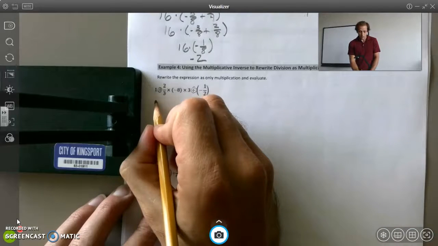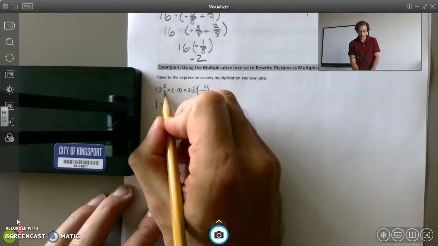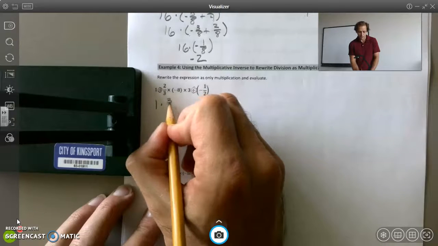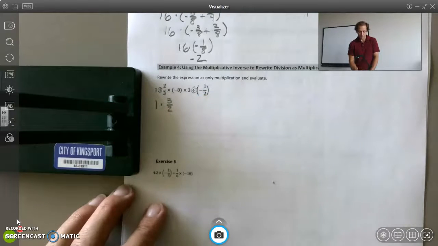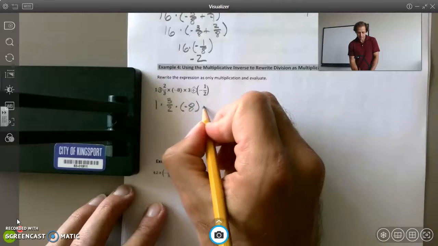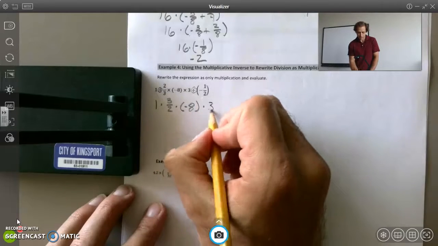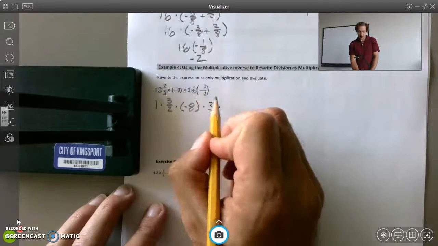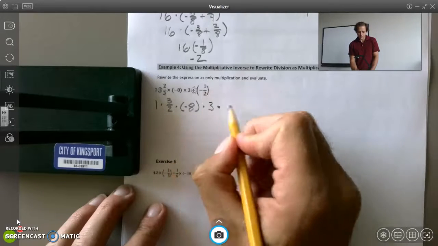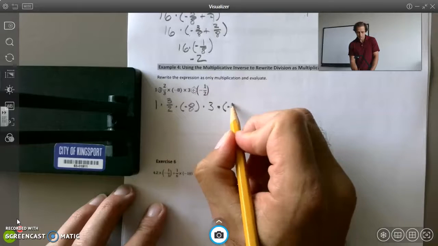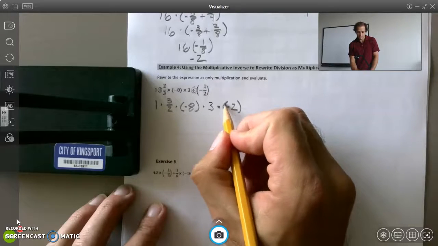So 1 times, instead of division, I'm going to make it multiplication, and I have to multiply by the reciprocal, 3/2, times negative 8 times 3 times, well, this is division. I'm changing it to multiplication, so this has to become the reciprocal of 1/2, which is 2. So in this case, negative 2.